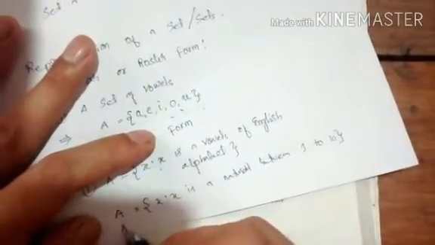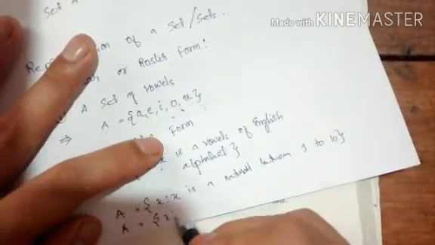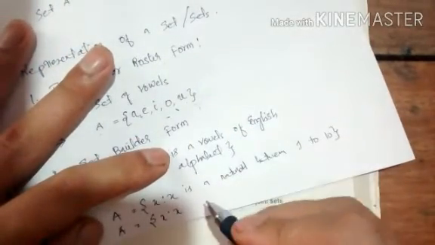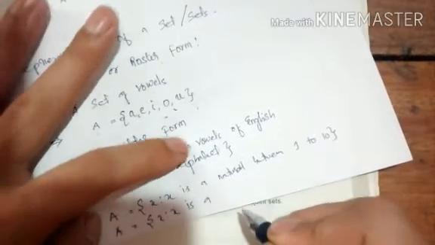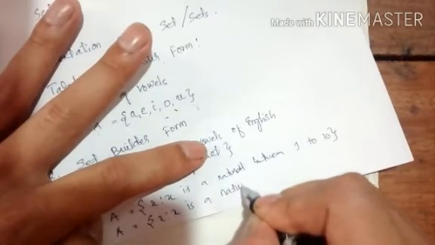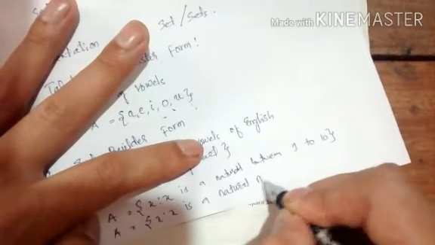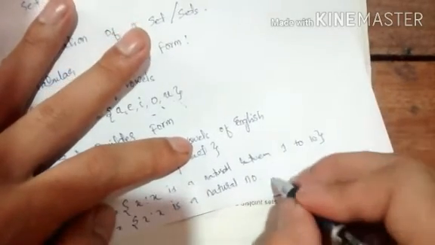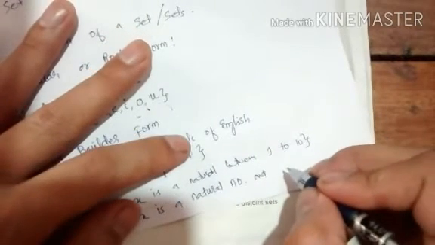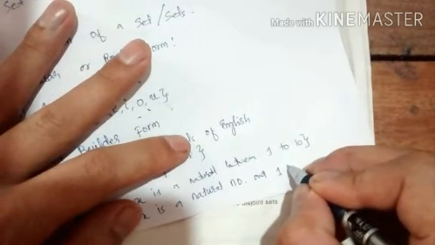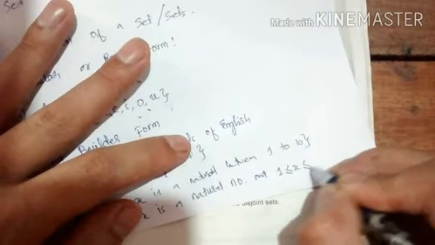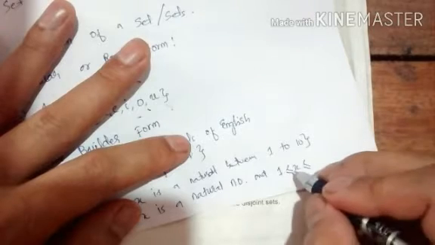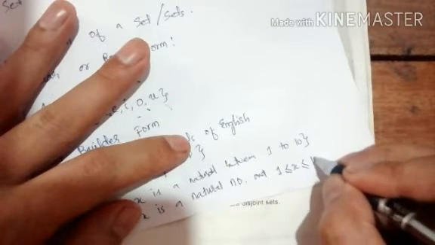You can also write it in a different way, like this: A = {x such that x is a natural number and it is greater than or equal to 1, but less than or equal to 10}.